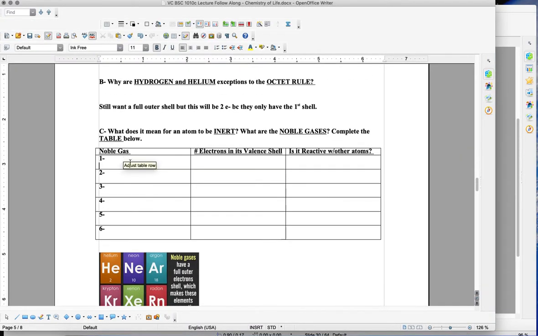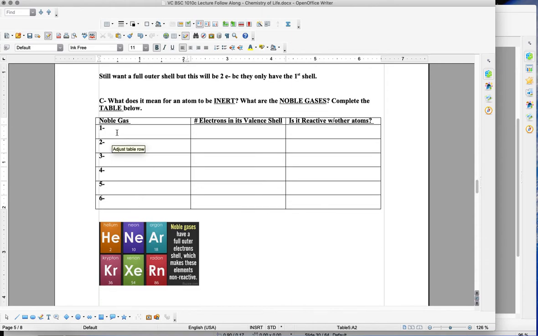Okay, so noble gas, and I got this little thing here for you to cheat from. So our noble gases here are going to be helium, neon, argon, krypton, xenon, and radon.